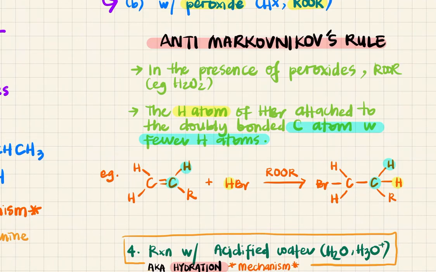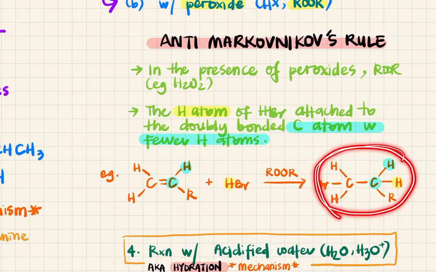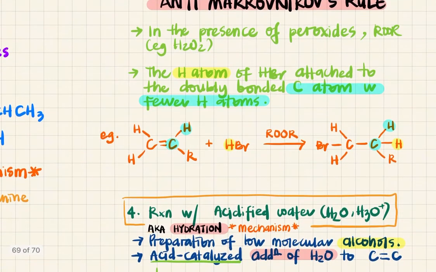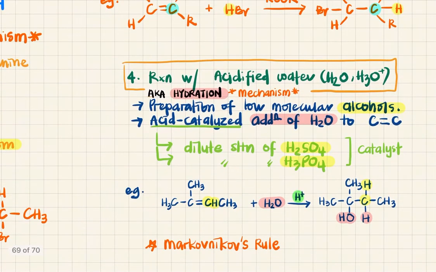So basically awak just tambah je lah awak punya hydrogen. Okay, bila ada ROOR ni, peroxide awak, dia akan attach to this carbon instead of this one. Okay, so this will be your product. Alright, so senang je kan, halogenation reaction. So ingatlah untuk buat sintesis nanti.